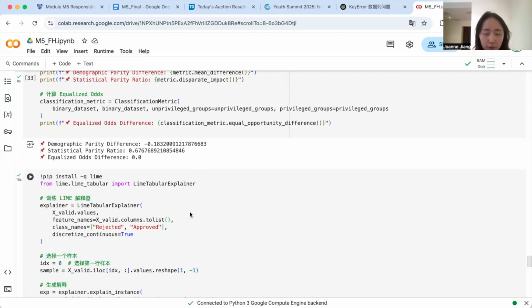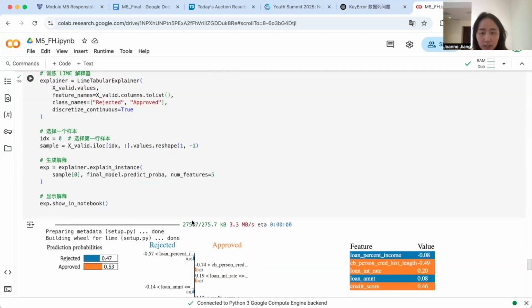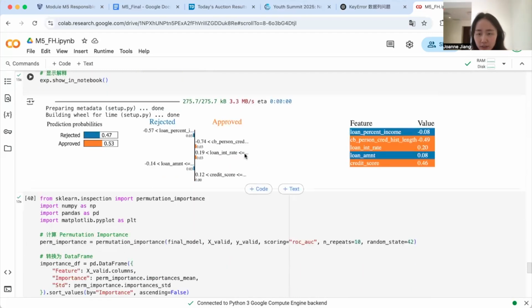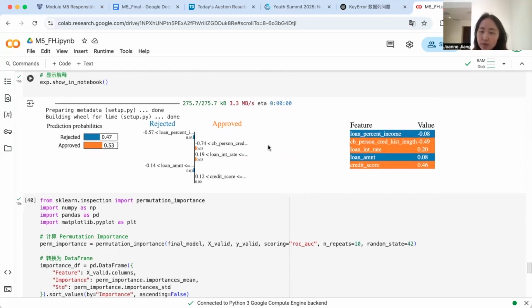And then we used LIME to analyze the individual loan decisions. The output shows that the model assigned a 53% probability of approval and 47% for rejection. The key feature contributions include the loan percent income, which is minus 0.08, and the credit history length, which is minus 0.49, which contributed positively to approval.